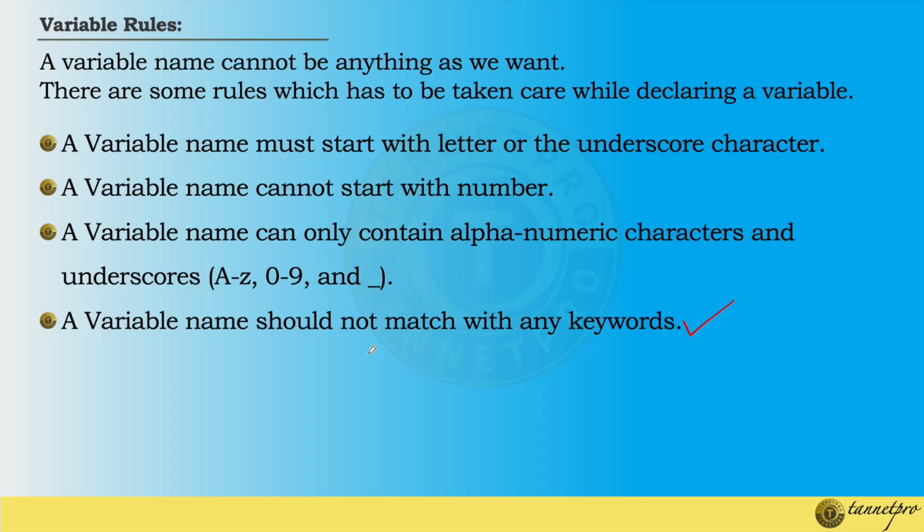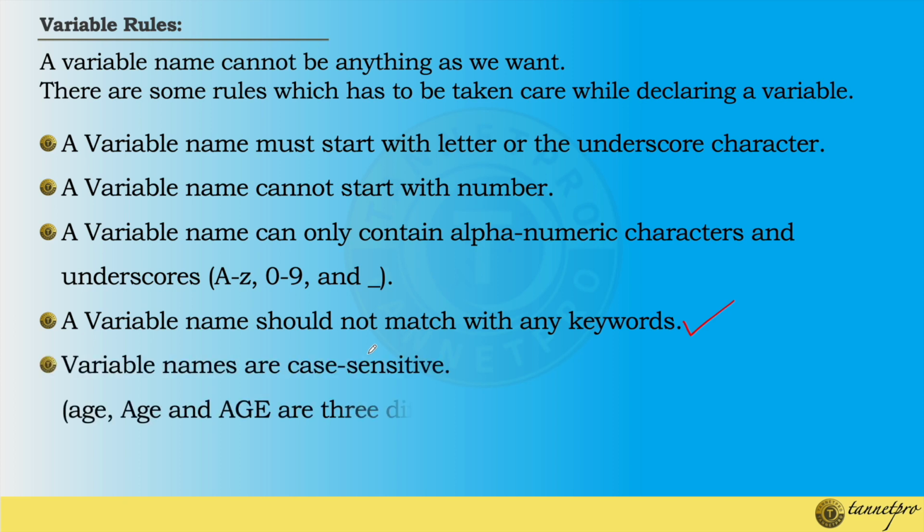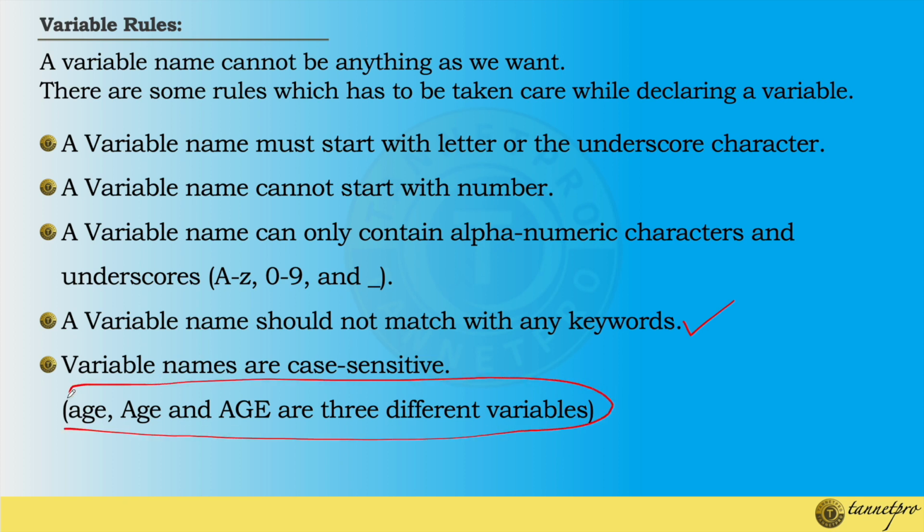The next rule says variable names are case sensitive. This is a very important part. Take the example of the variable age: you can write it with A in capital and the rest in small, all in small, or all in caps. So it is always case sensitive. Let me show you.